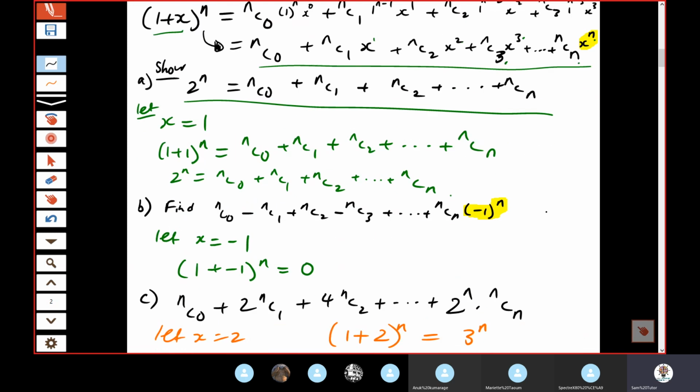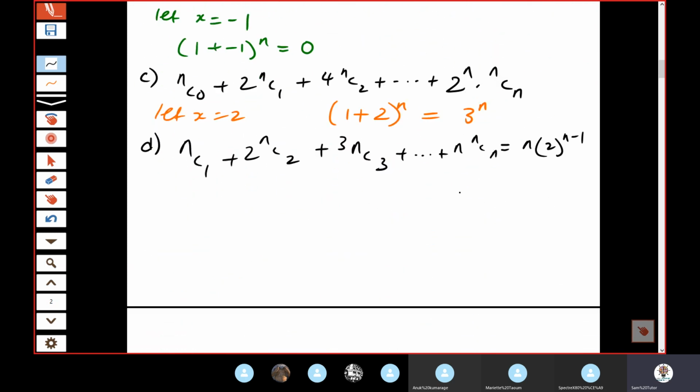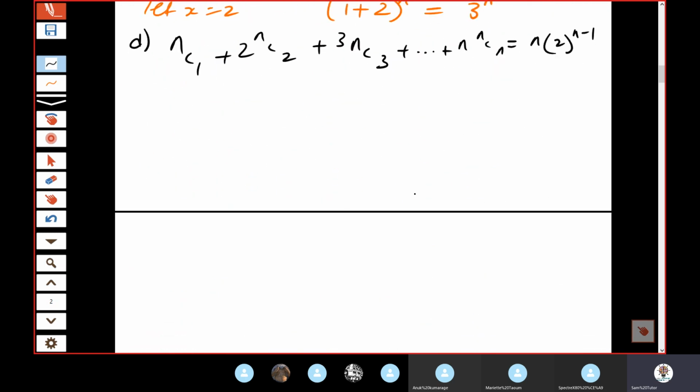Now I'm just going to scroll down and write down the original again. The original was n choose 0 plus n choose 1 x plus n choose 2 x squared plus dot dot dot plus n choose n x to the n, which I'm sure we can memorize eventually.